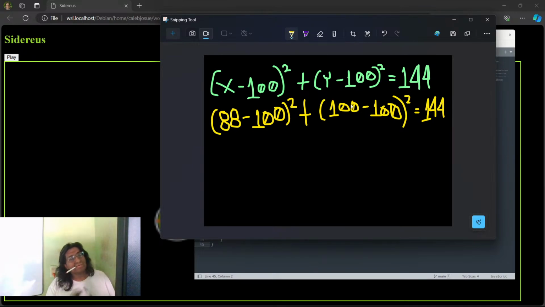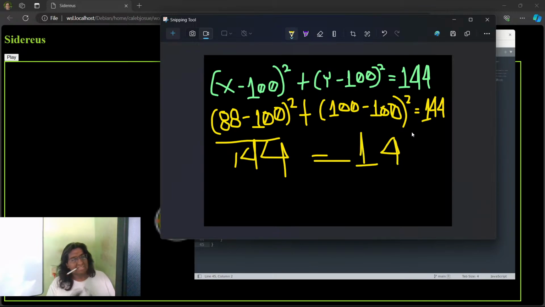Okay, so do your thing, and this of course will be 0 squared. So if you do this, you will end with 144. Now I'm not caring about this thing. And what does this tell you?